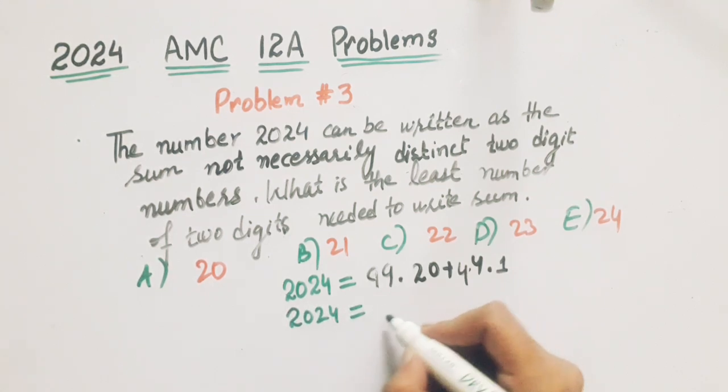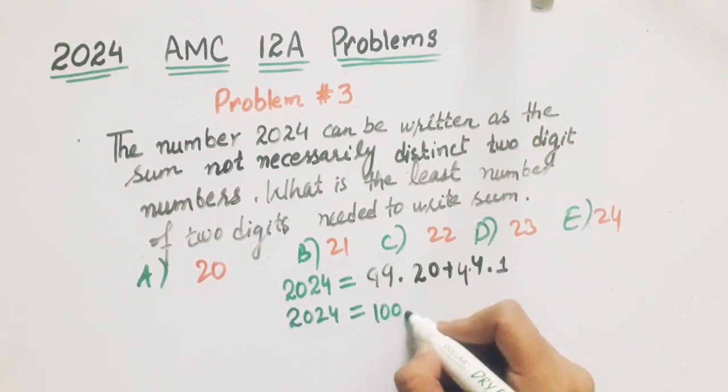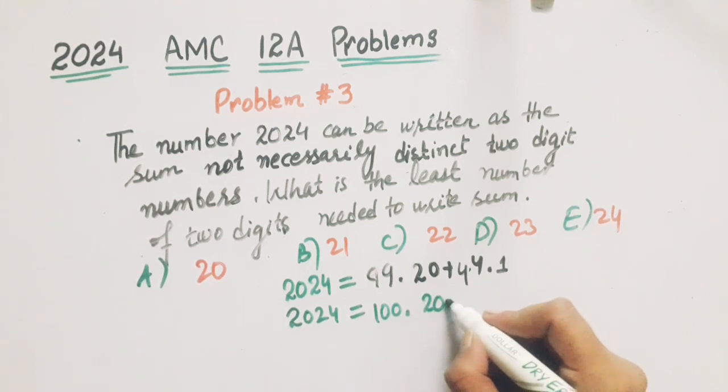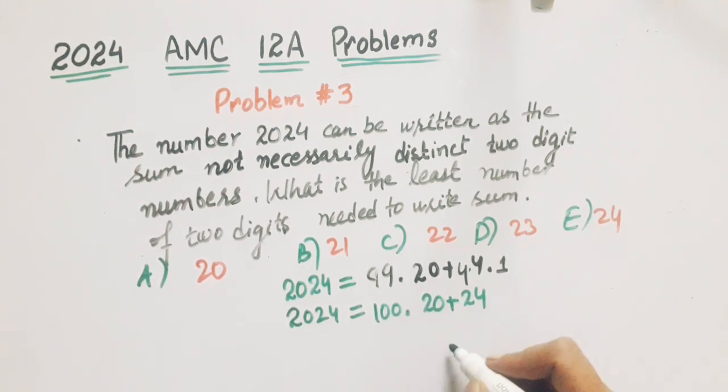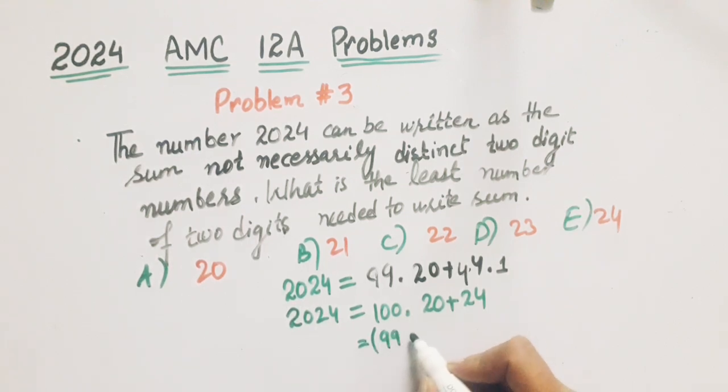2024 can be written as 100 into 20 plus 24, since we know that 100 equals 99 plus 1.